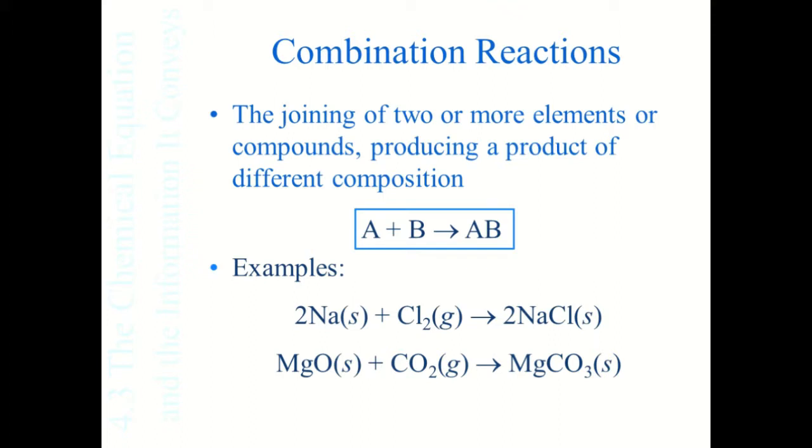They were reactive because they were all energized and stressed out, and then they come together and calm each other down. And now you have sodium chloride. Okay. Magnesium oxide and carbon dioxide come together. Combination reactions produce magnesium carbonate.